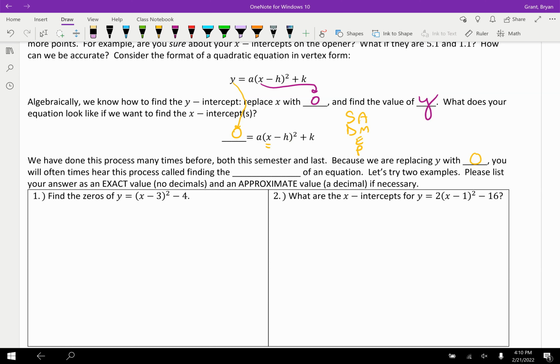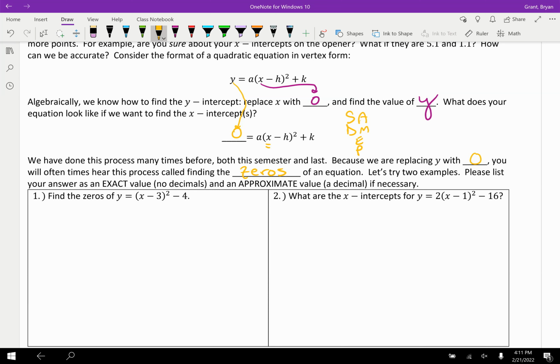The reason that we spent so much time last class on 7.5 was so that we can isolate x to actually find the x-intercepts. In fact, because when you're dealing with a quadratic in vertex form, you replace the y with 0 to find the x-intercept, you oftentimes hear this process called finding the zeros of an equation.